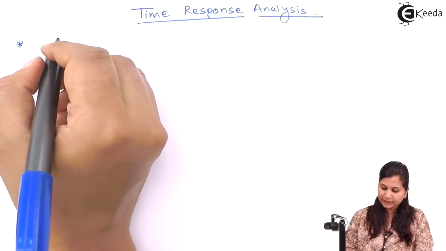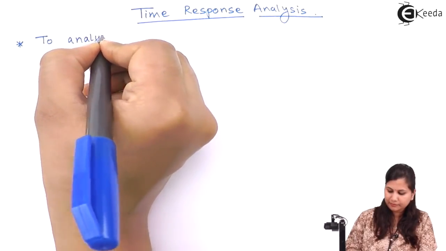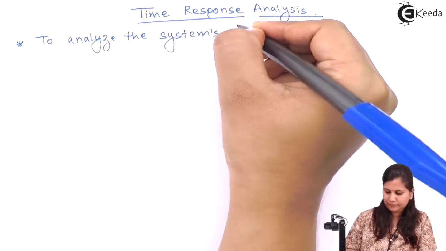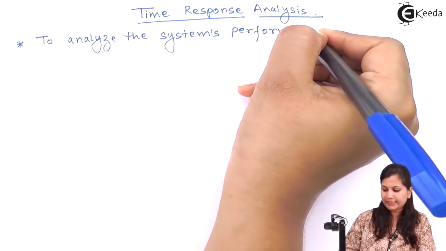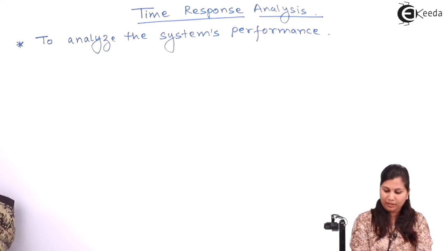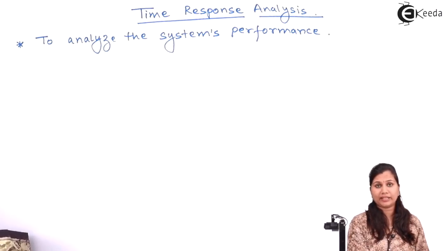Why are we using time response analysis? To analyze the system's performance. It is one of the methods of analyzing the system's performance. Nowadays time response analysis is very important.